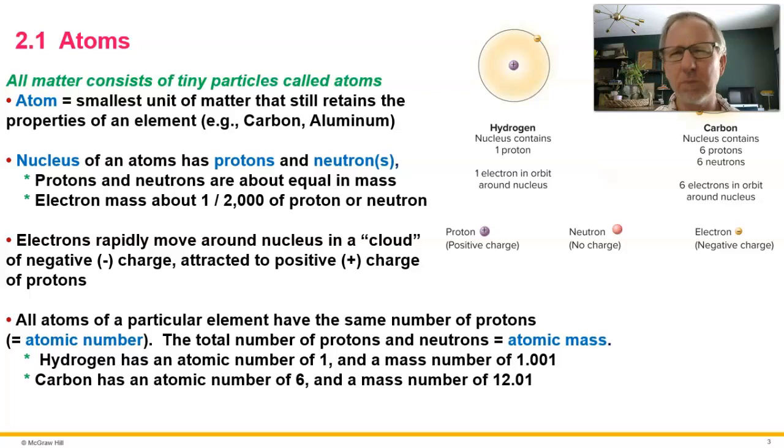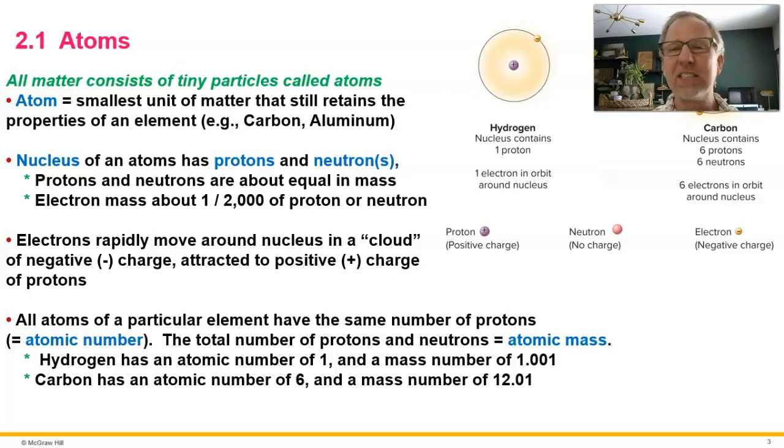And each one of those tiny particles has all the chemical properties of the element aluminum. So that's the atom concept. And you can see on the figure that I've pasted on the slide here, it's depicting an atom of hydrogen and an atom of carbon. So we'll go over what those components in the pictures mean as we go over the slide.